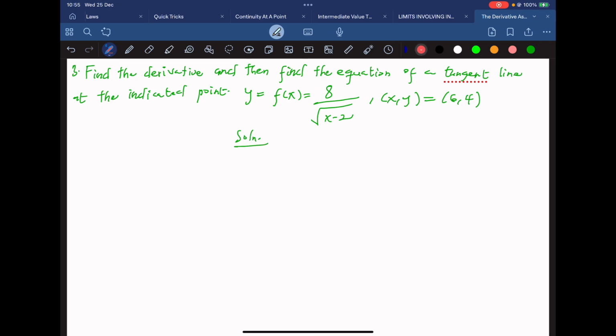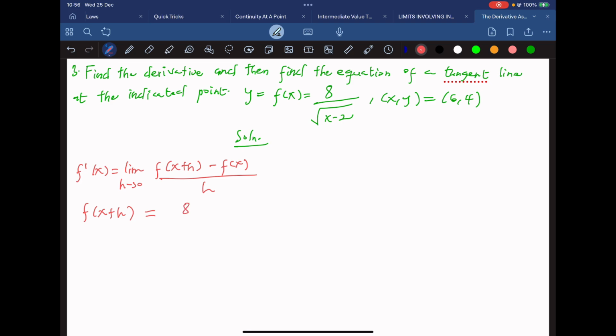So with this question, first of all, we have to find the derivative. So the derivative, we know, is the limit as h approaches 0 of f of x plus h minus f of x over h. First of all, we have to find f of x plus h. So we just have to replace x with x plus h.